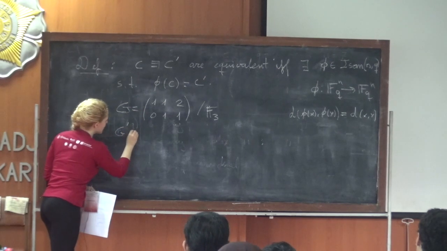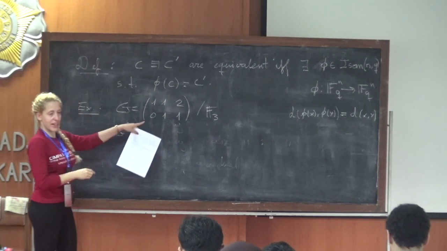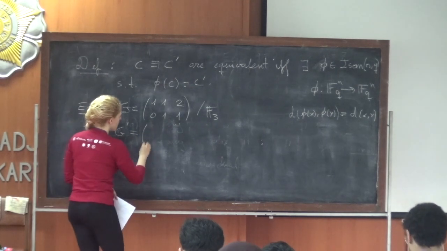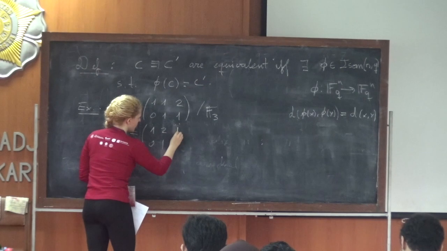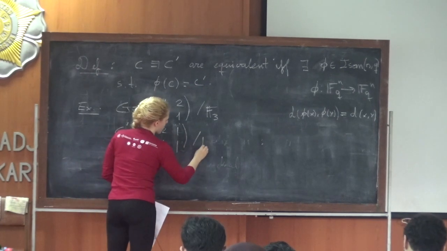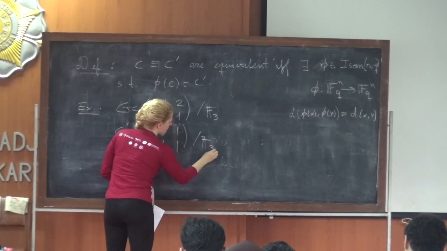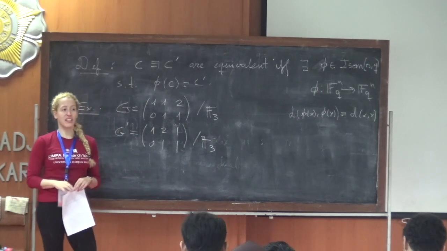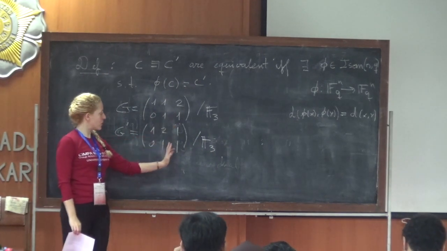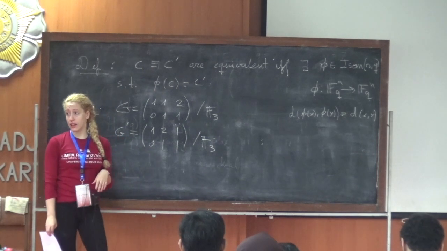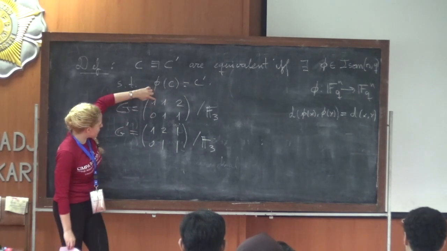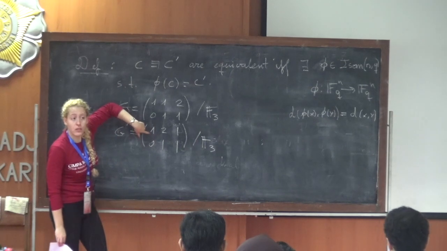It's easy to check that the code generated by this generator matrix is equivalent to this one. What I did here is I just permuted the columns. So the isometry is that I send the first vector to the second one.